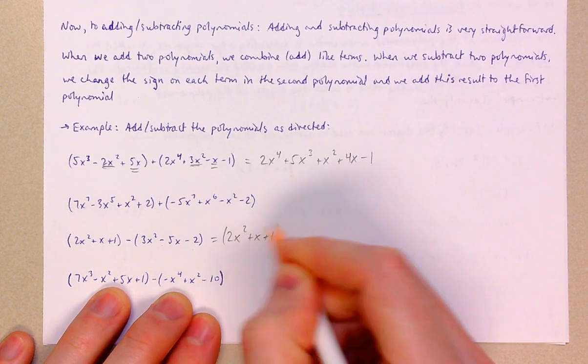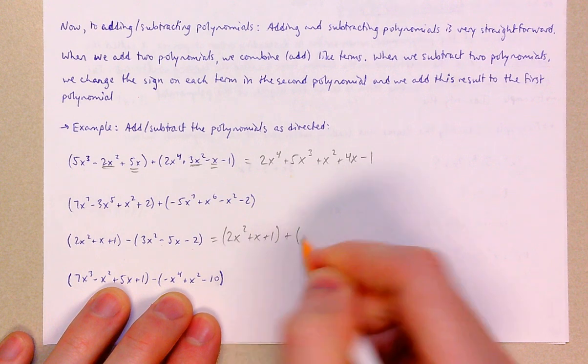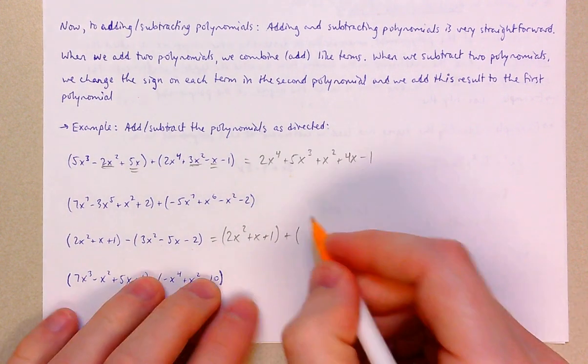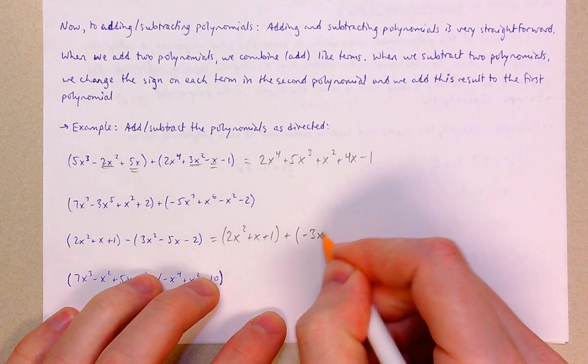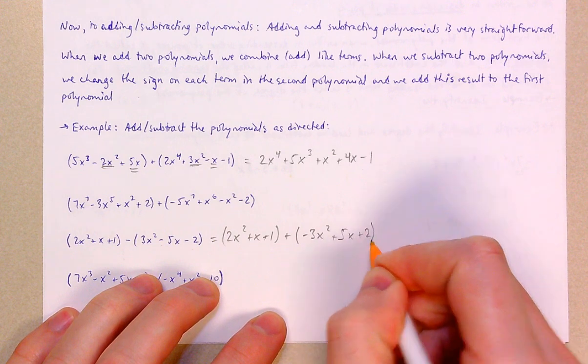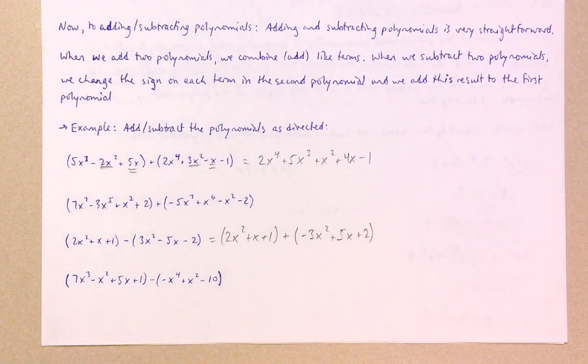So that means when I change the signs, this will be a minus 3x squared plus 5x plus 2. And now we're adding. So now we are just literally combining like terms.